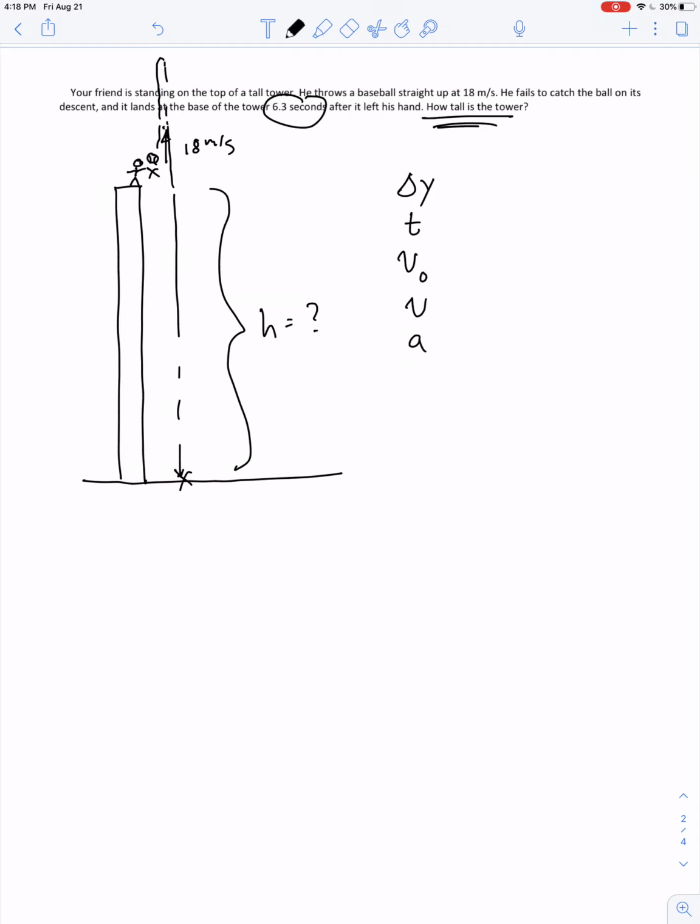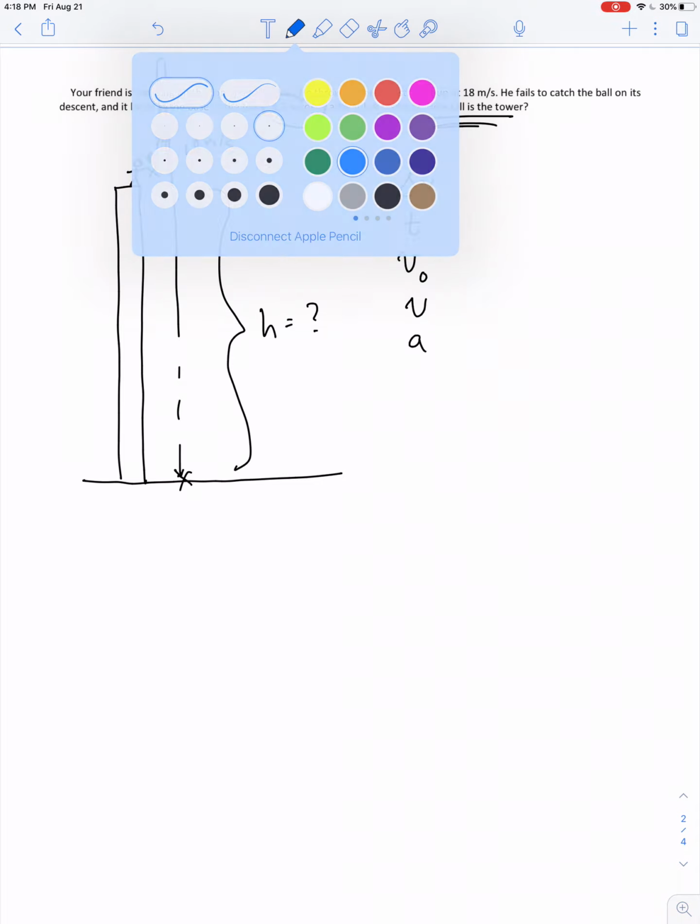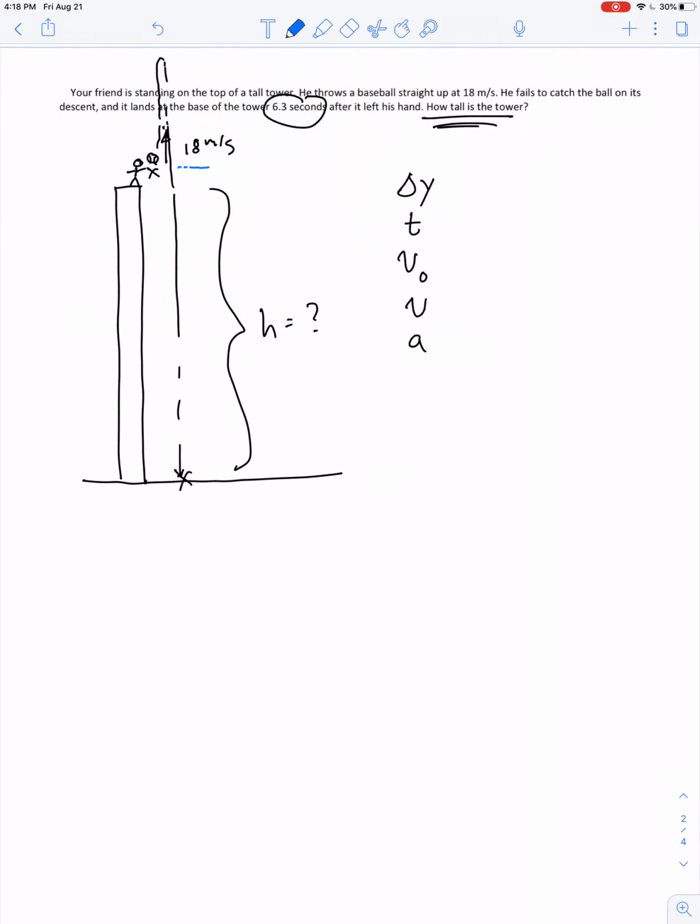Okay, we also need to make a frame of reference. I'll make the frame of reference the point where it leaves his hand. Now I'm also going to make an assumption in this problem. I'm going to assume the height of the person is so small in comparison to the height of the building that we can ignore it, and basically assume that the person and the top of the building all correspond to the same position, and that's where y is equal to 0.